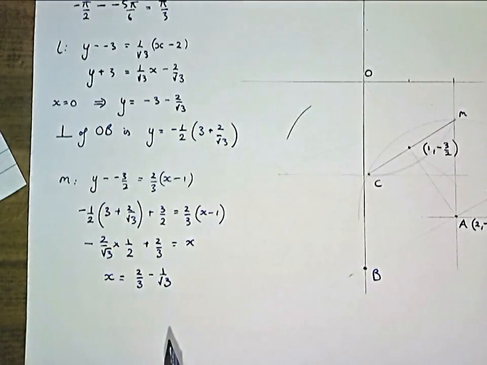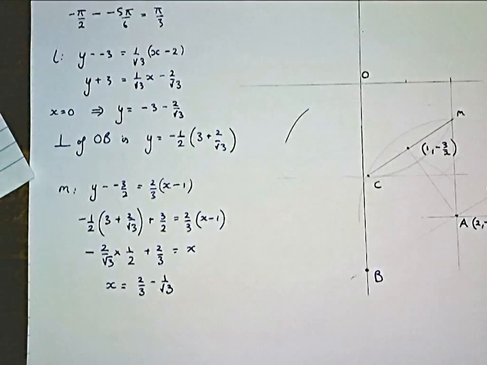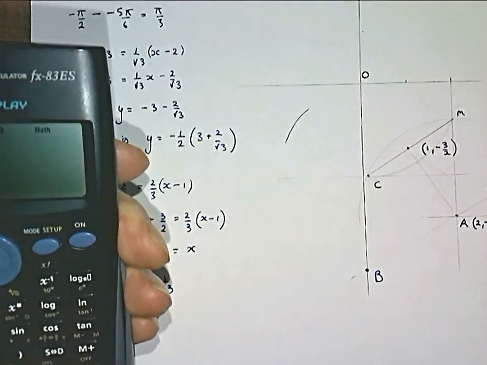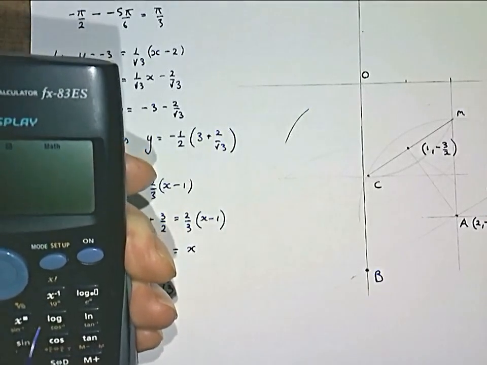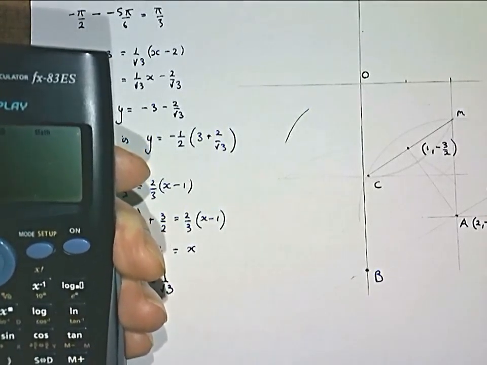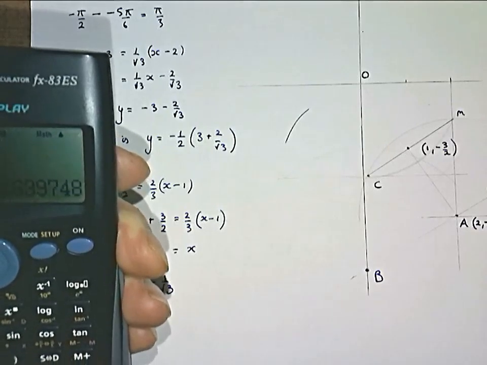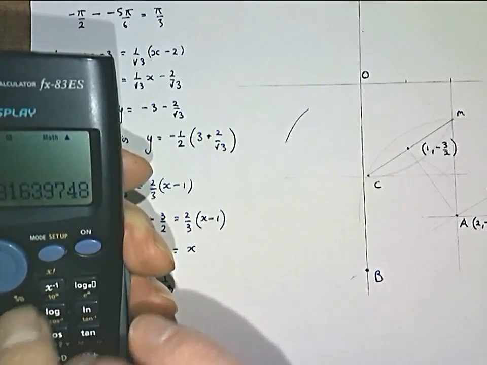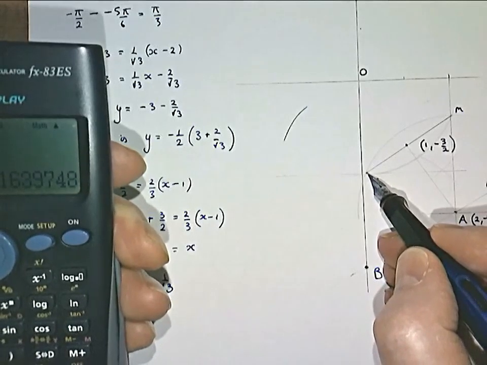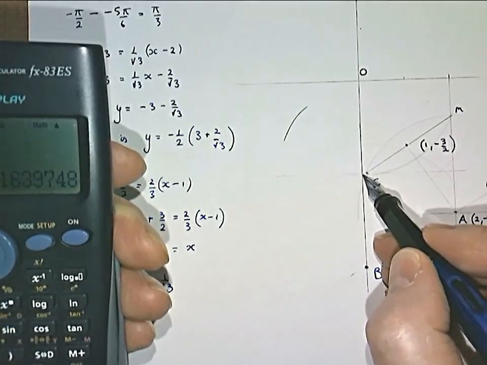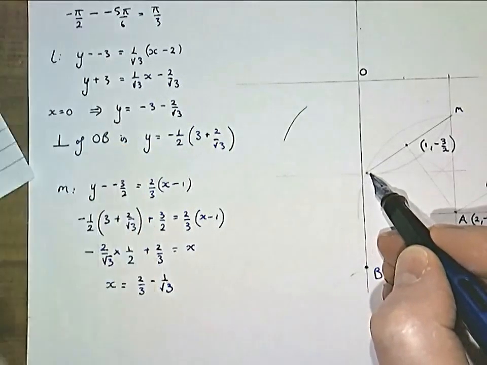And that turns out to be 0.089, just as we thought. So it's less than 1/10 of that unit there, which is just what it looks like.